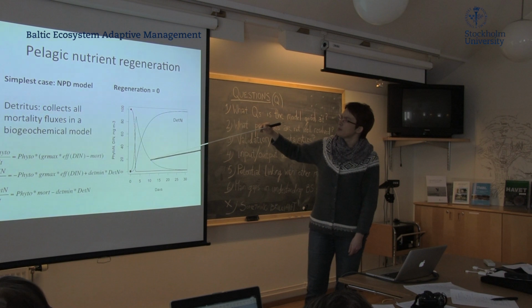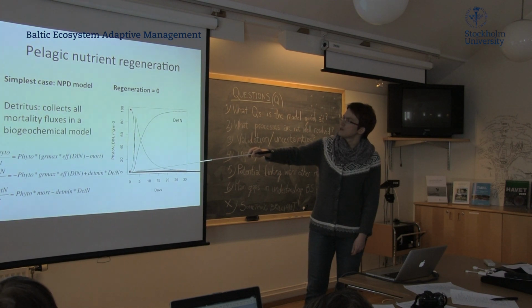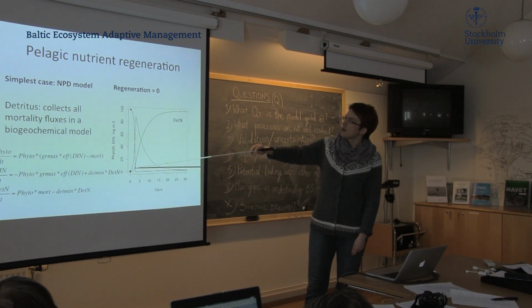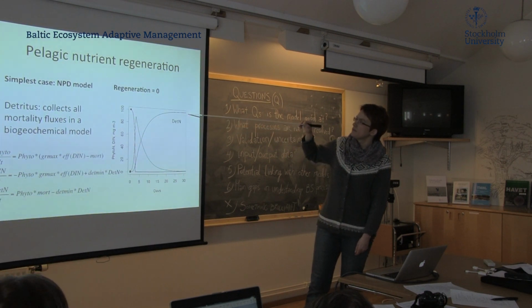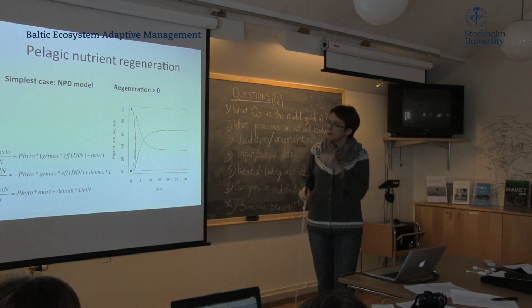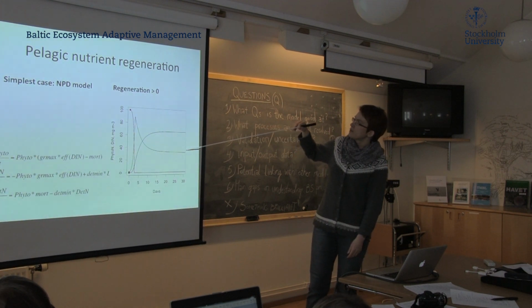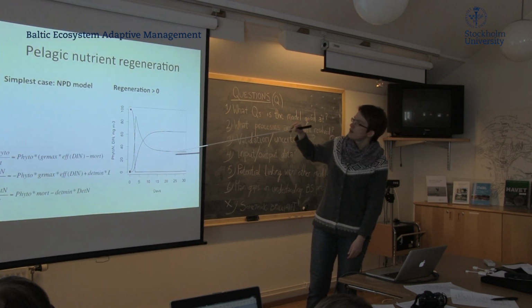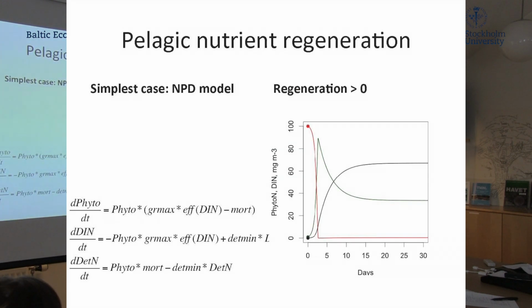Of course, the phytoplankton growth doesn't change, but now we have a detritus component, which starts here with a concentration of 0, and then as your phytoplankton dies, you have an increase in detritus. And if you include mineralization, then you have growth also during summer, and this is basically fueled by the nutrients that are regenerated through detritus.